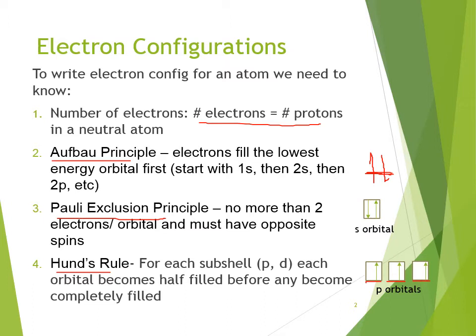There's a max of 2 electrons that can fit in each. But if we don't have 6 electrons to put in the p orbitals, say we have 3 instead, what that means is we want to put just 1 electron, represented by these arrows, in each orbital before we start pairing them up. Because electrons are negatively charged, they want to be as far apart as possible. So we want to make sure to give them the space needed.